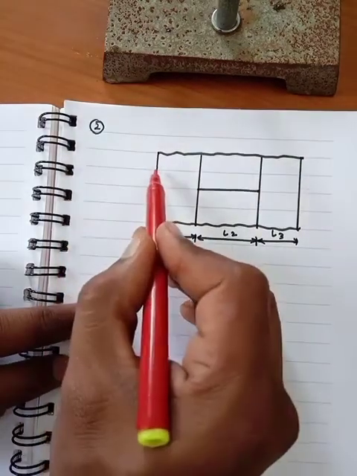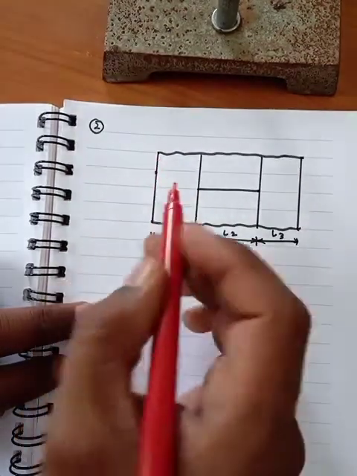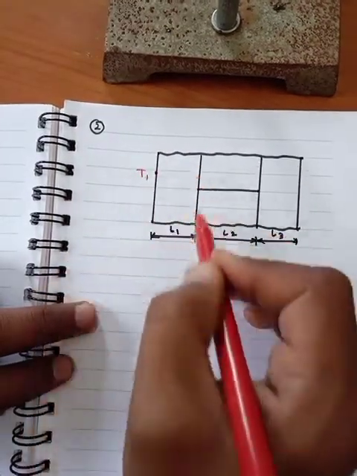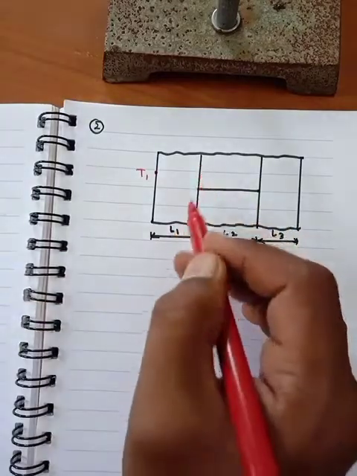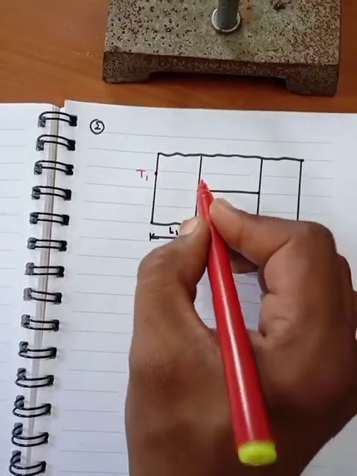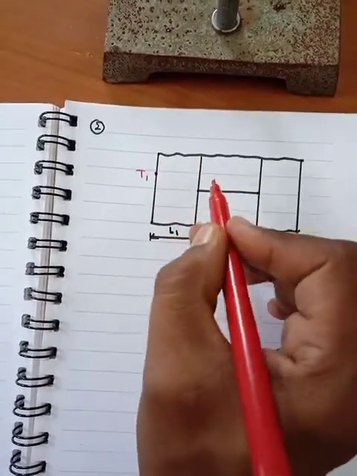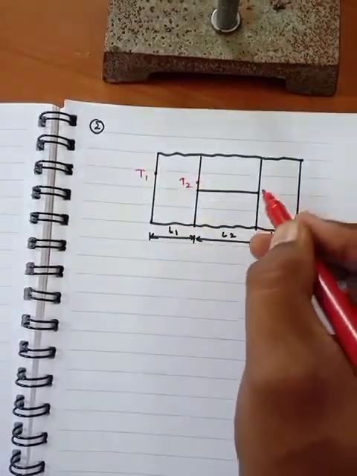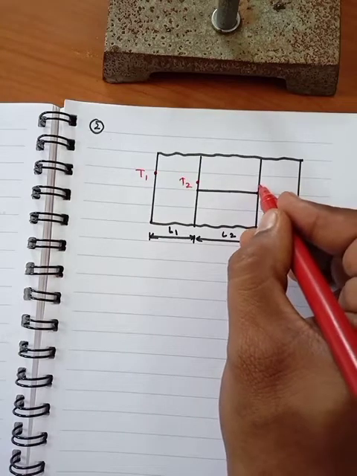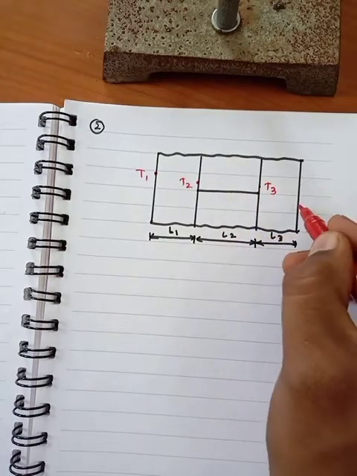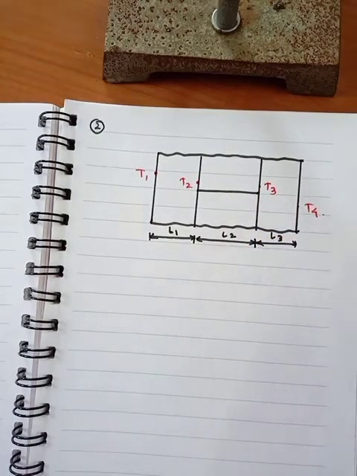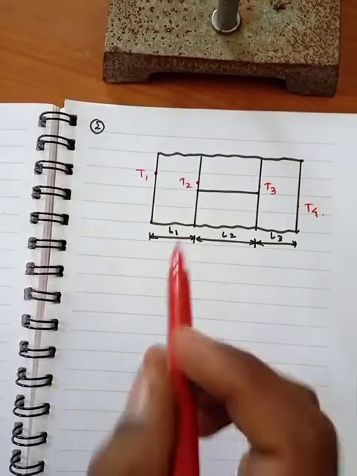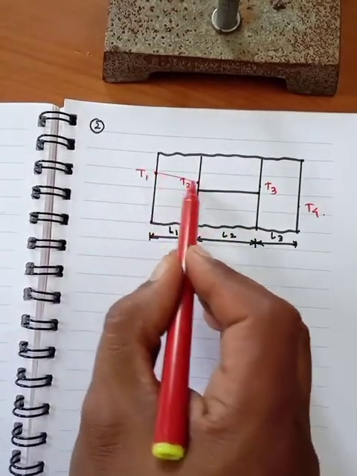Now we will see the temperatures: this is T1, and at the interface we will assume the surface temperature is constant, and this is considered as T2, and at this interface again we will consider the temperature as T3, and here the temperature is T4. So we have the temperature drop like this.